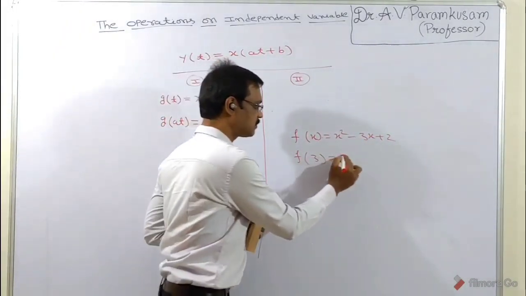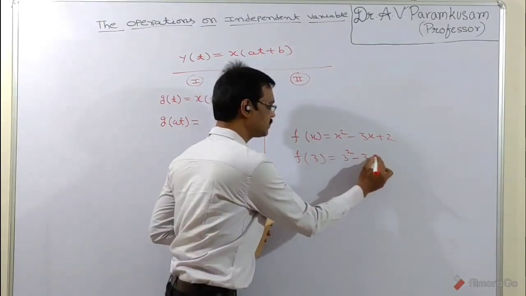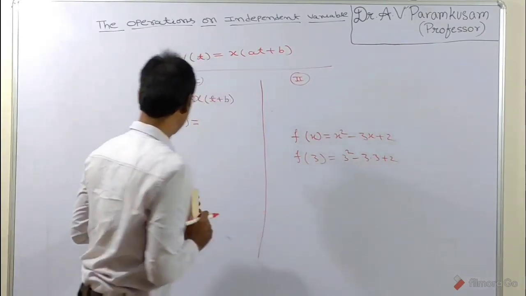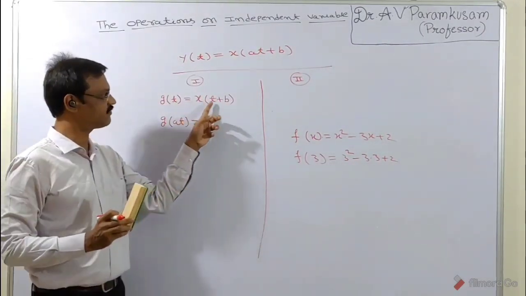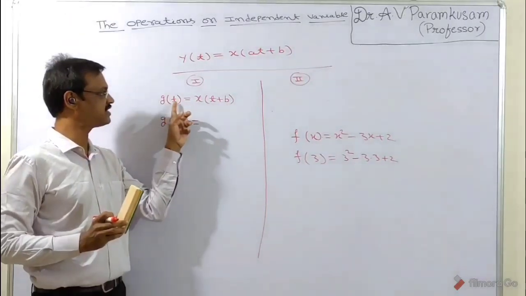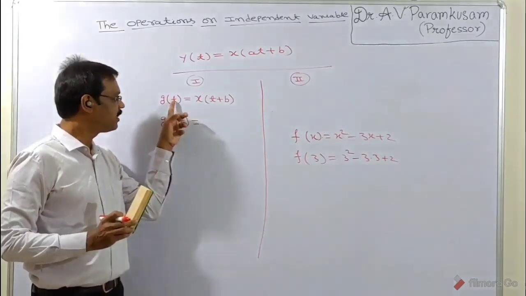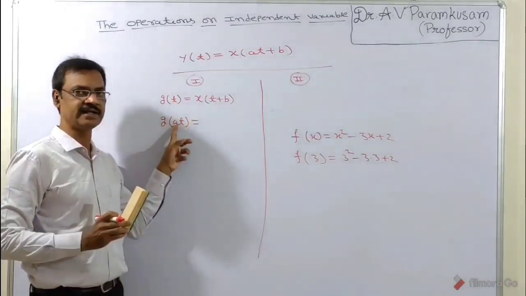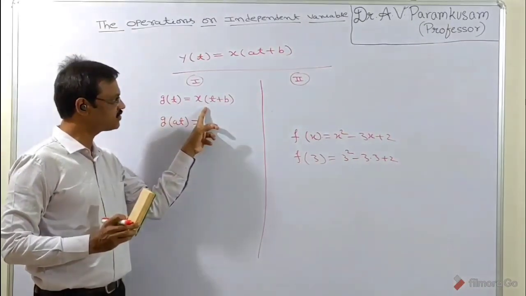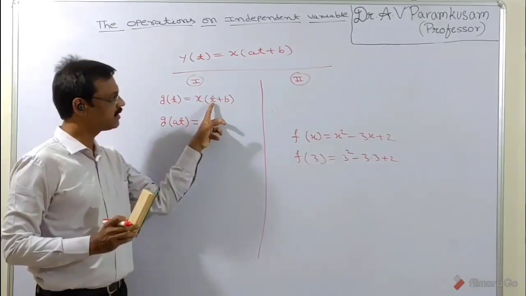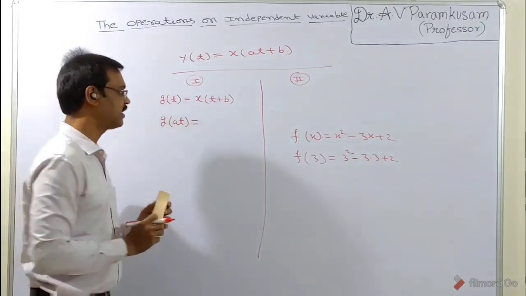That is equal to 3 square minus 3 into 3 plus 2. Similarly, g of t is equal to x of t plus b. On the left side g of t is there, on the right side x of t plus b is there. See here, in place of t, at is there. So on the right side also, wherever t appears, in place of t you just write at.